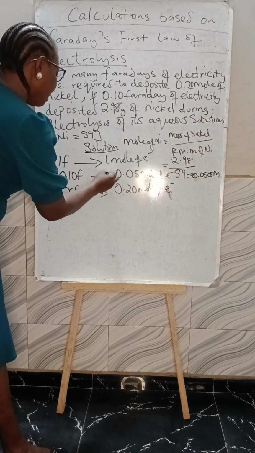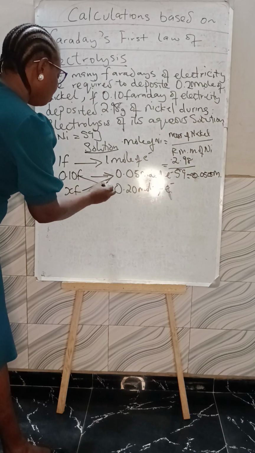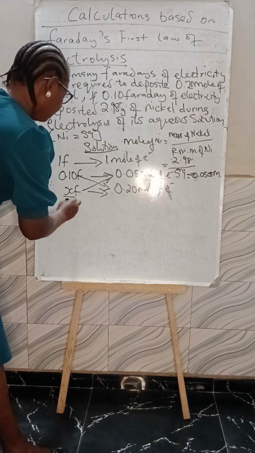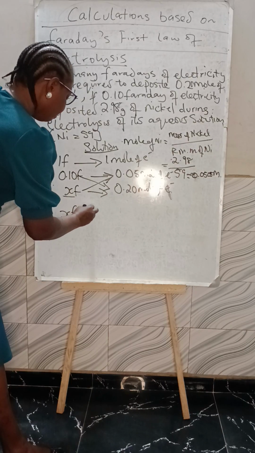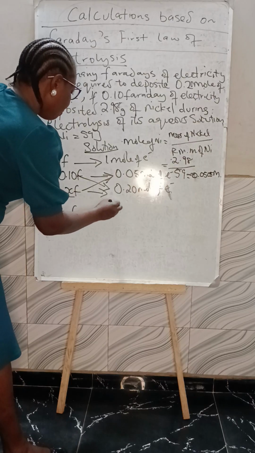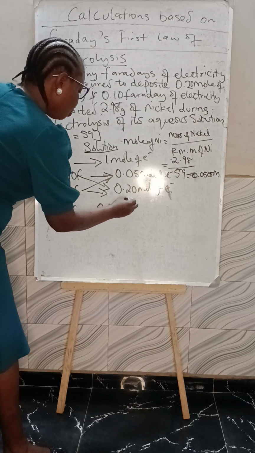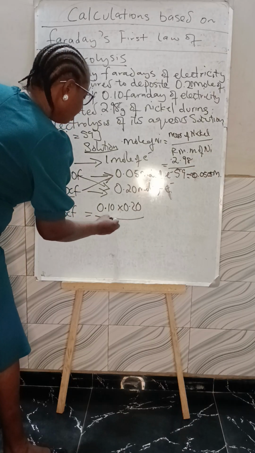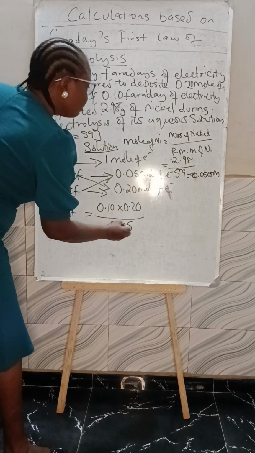We have to cross multiply again, take this to this, and take this to this. Now make this a formula. X Faraday will be equal to 0.10 times 0.20 all over 0.05.